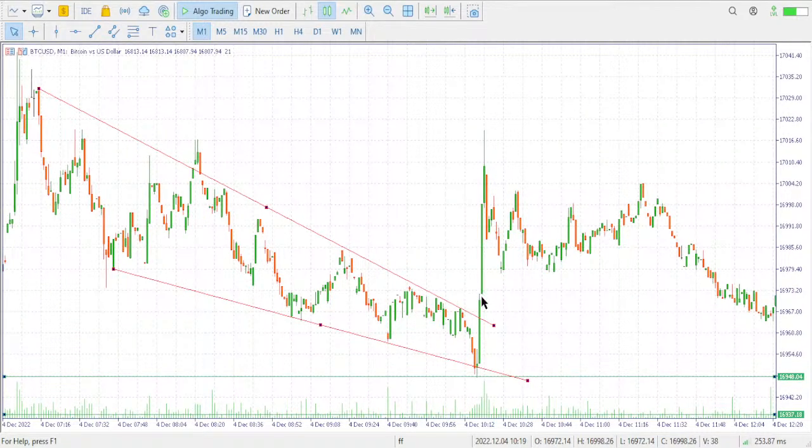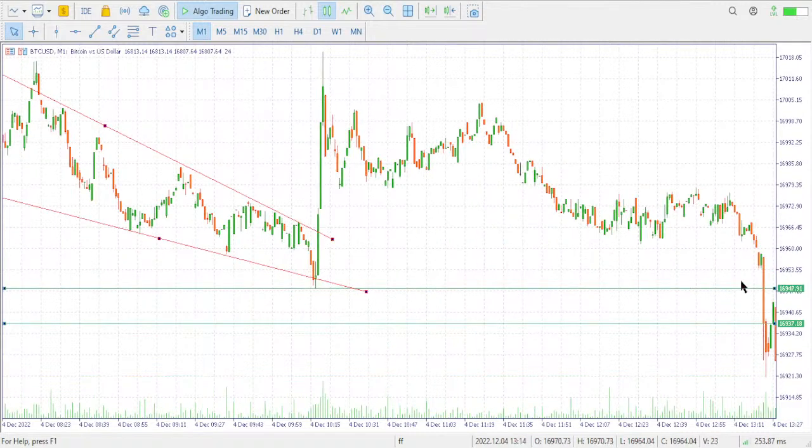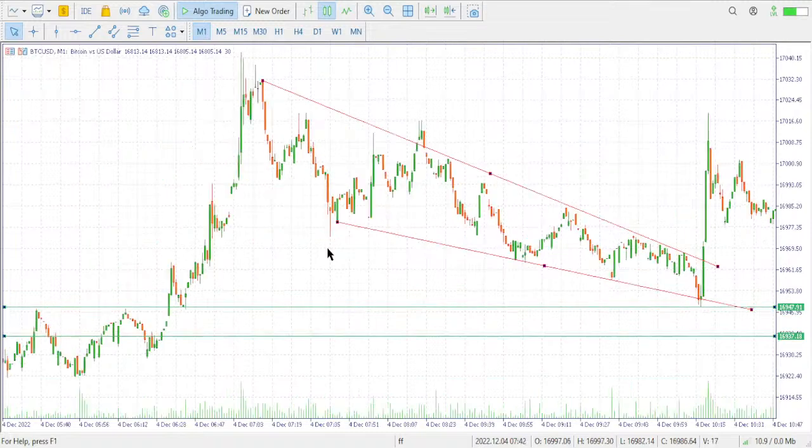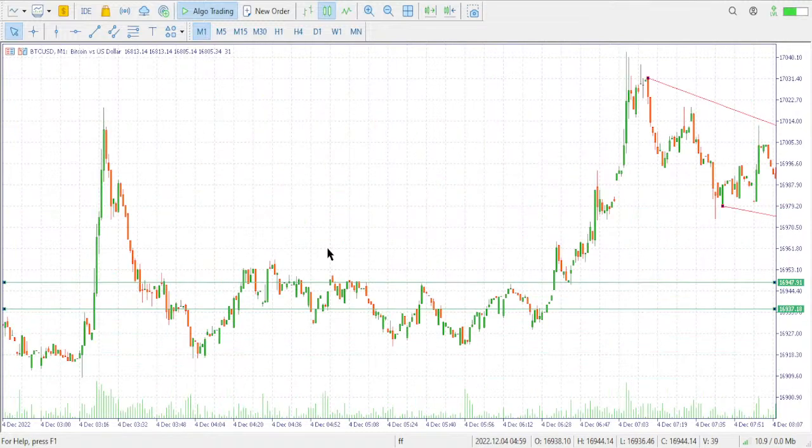As it is right now, we could have taken a buy position, which could have ended in a loss because the price actually went below. It went up but didn't go up as such. So this was a loss for some reason. Let's see if we can get another good example.